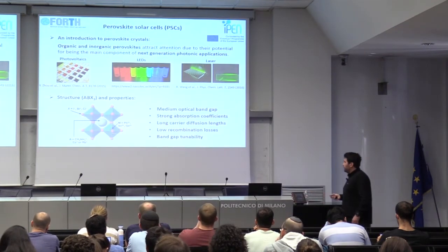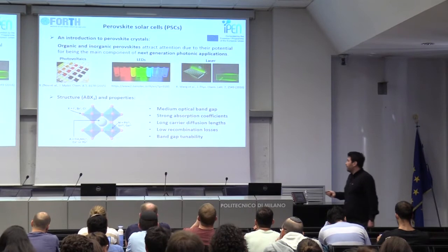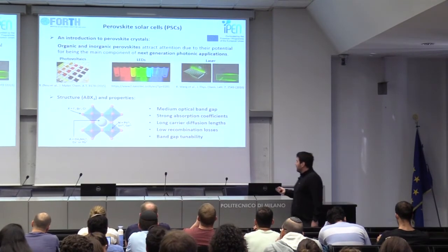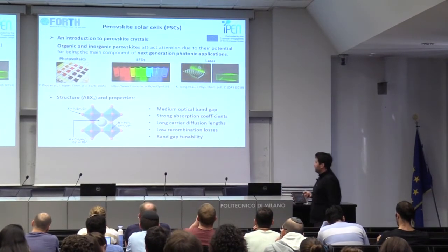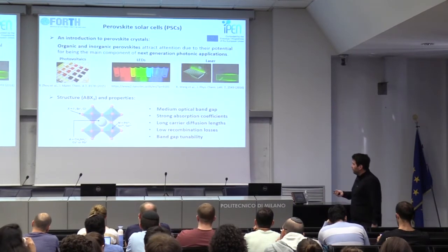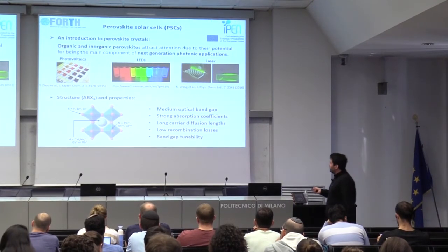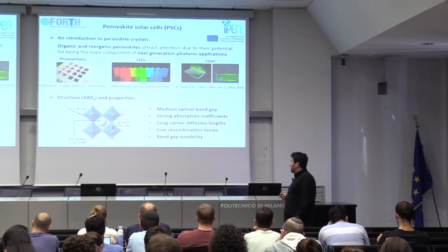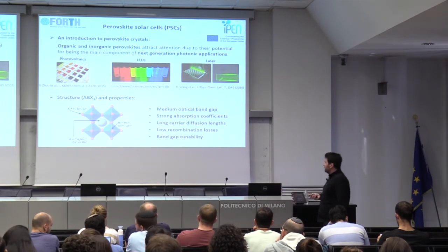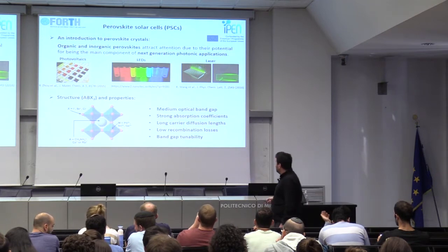So this is the basic structure. You know of it, it's ABX3, where you have a large organic cation sitting in the middle of 4 octahedra, where each octahedron has one metal cation in the middle, and on the edges you can find the anions.